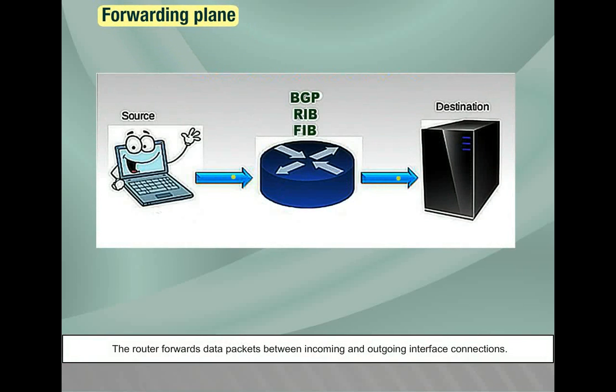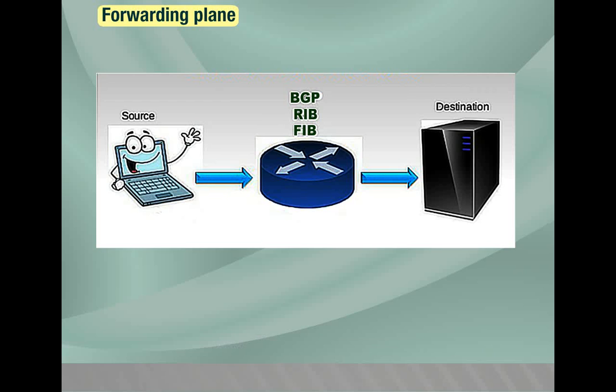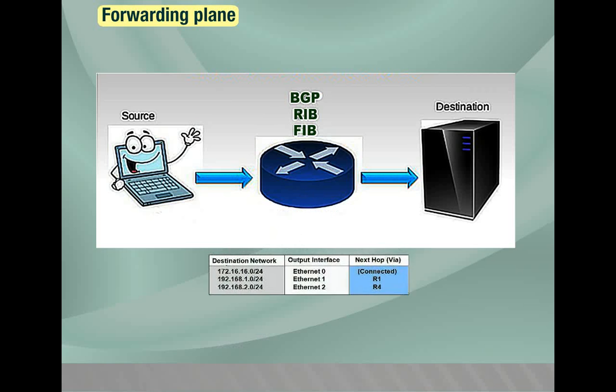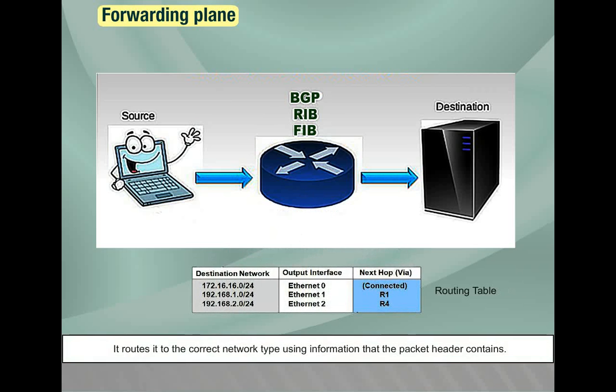The router forwards data packets between incoming and outgoing interface connections. It routes it to the correct network type using information that the packet header contains. It uses data recorded in the routing table control plane.